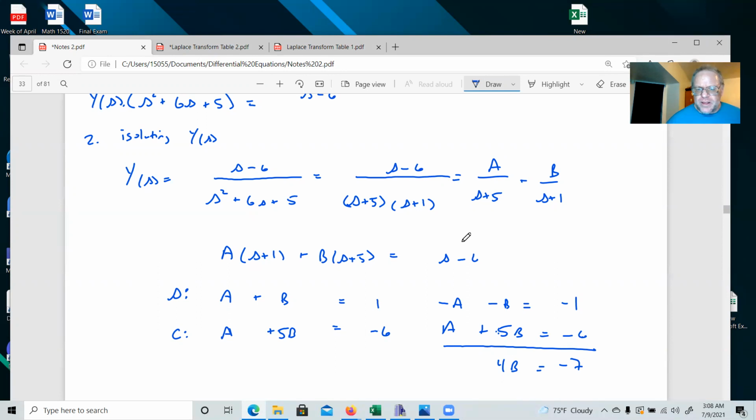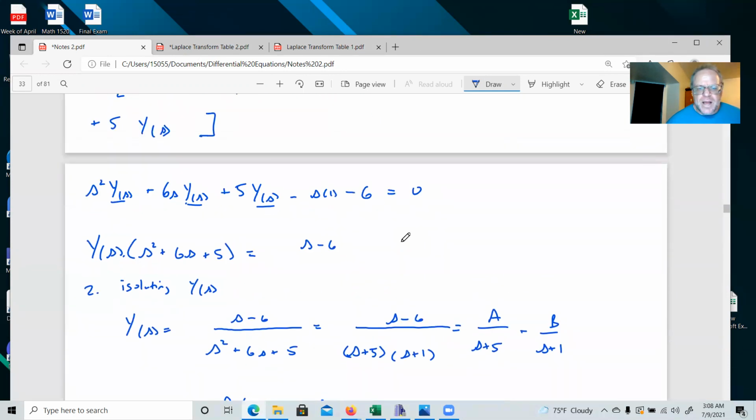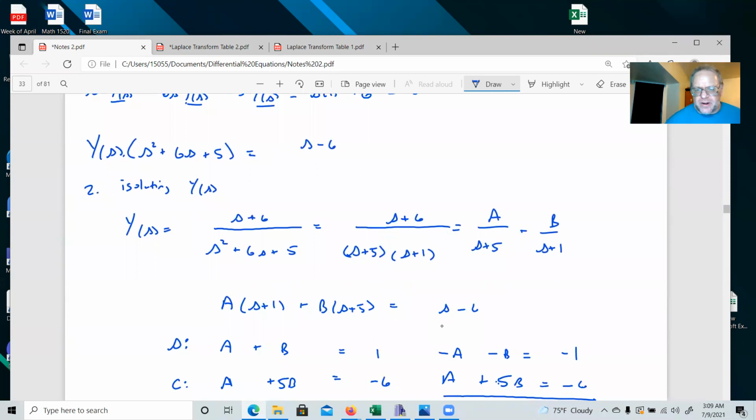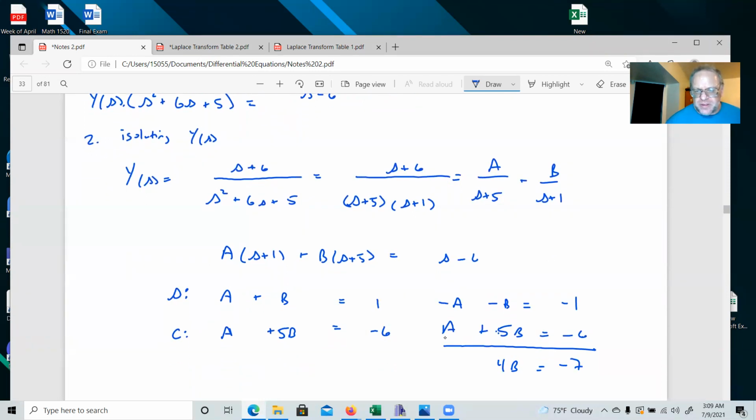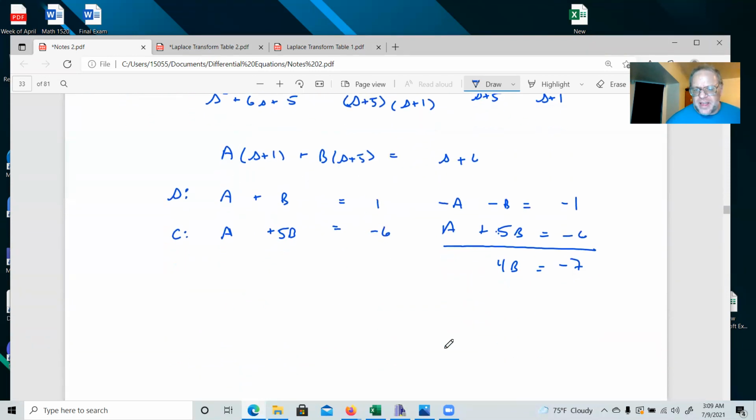Oh, sorry, was that a positive? Wait a minute. The minus, we're going to add. We are going to add. There it is. Please forgive me for that. This is a positive, and negative 6 minus, well, this was going to be a 5.